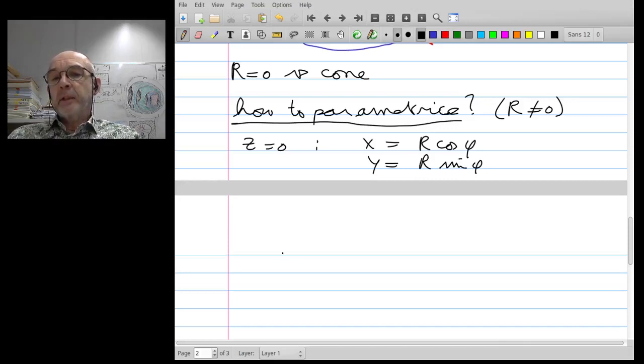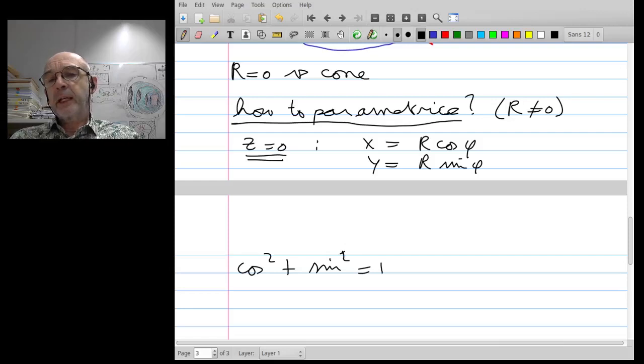And then x squared plus y squared is r squared. That is nice, but that is only for the case z is 0. And with the cosine squared plus sine squared is 1, we don't do so much. Like the spherical coordinates, for the z variable we could take something, but that doesn't work.